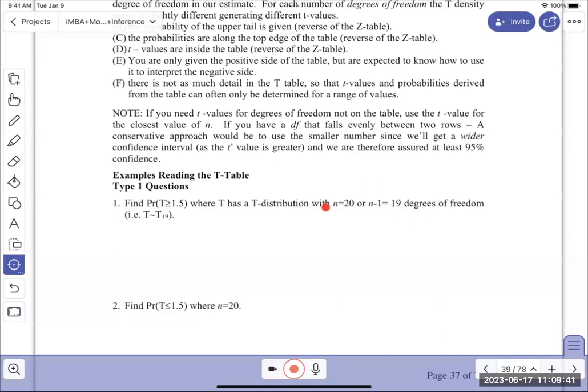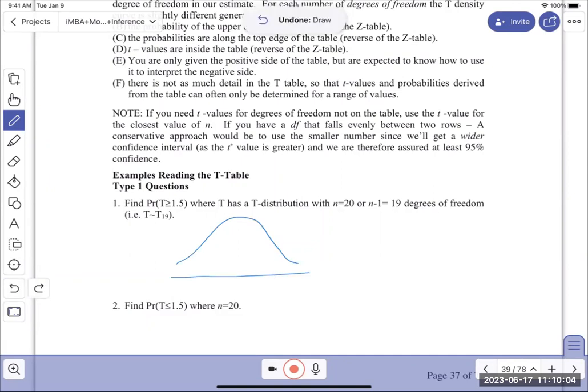So if n is 20, then degrees of freedom is 19. So you need to go to the 19th table. So I'm going to draw it first. And then there you go. And then I want to go to 1.5. And this is T19 to remind myself.